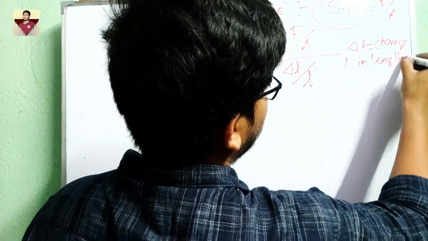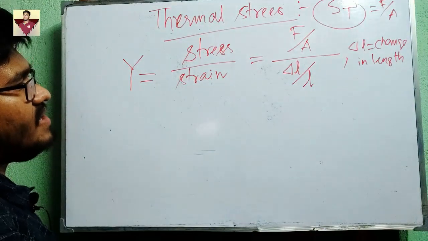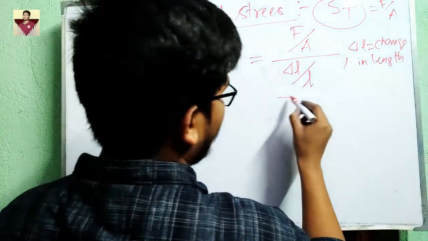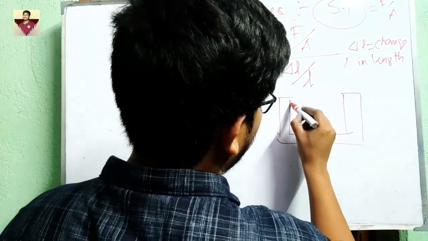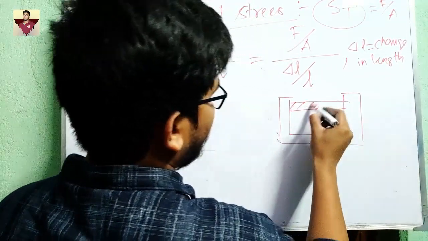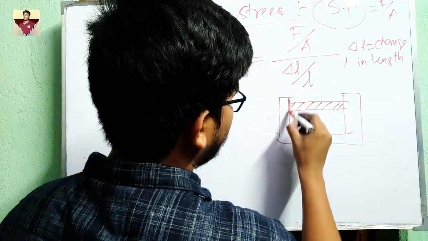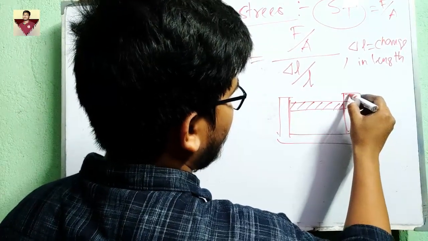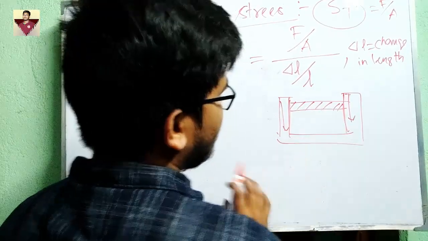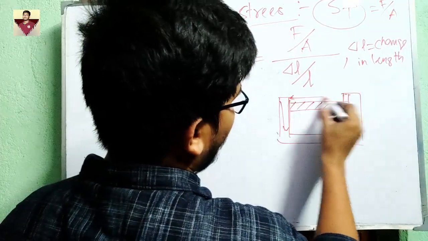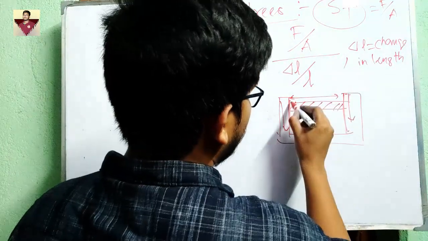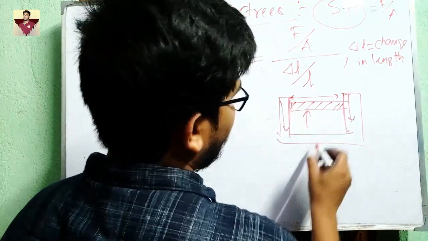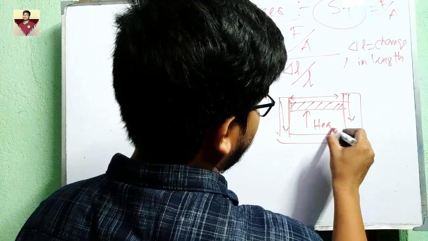Let us draw a picture of the scenario. Let's say you have a rod, constrained between some hard walls, let's say concrete. I have introduced a rod of some metal. Now if you increase the temperature, you are supplying some heat energy to this rod.